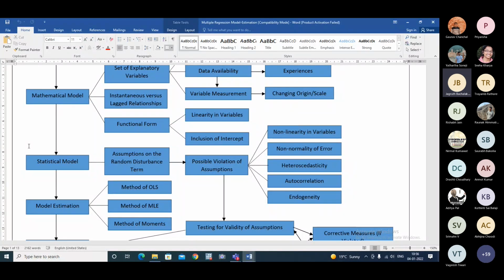I'm not going for detailed discussions about this part right now. But surely these aspects are very, very important. And we'll have specific discussions on these aspects.